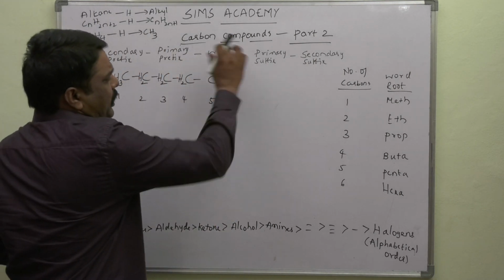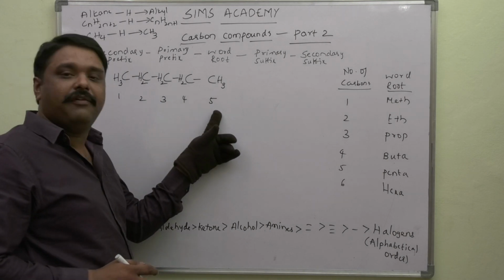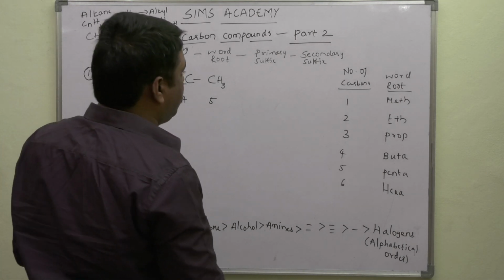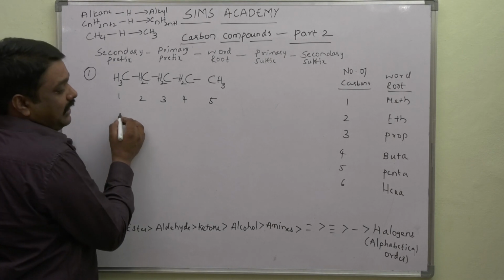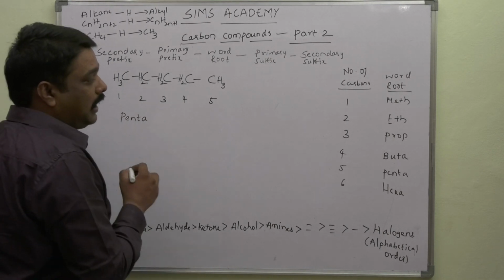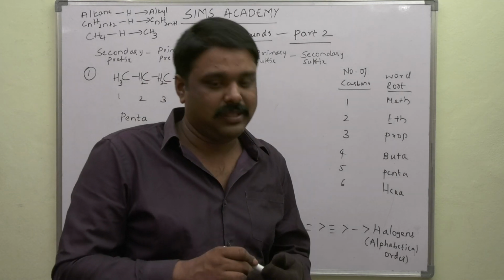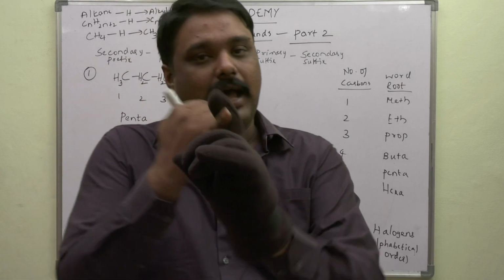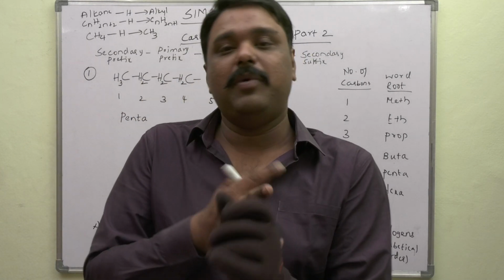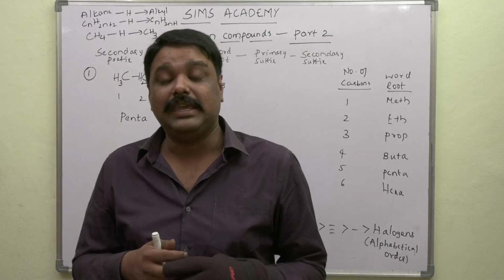Now coming to the word root. What is the word root? How many carbon atoms are present? 5 carbon atoms, so the word root is pent. All are single bonds. If all are single bonds, they come under alkanes. If one double bond is present, we mention it as alkene.